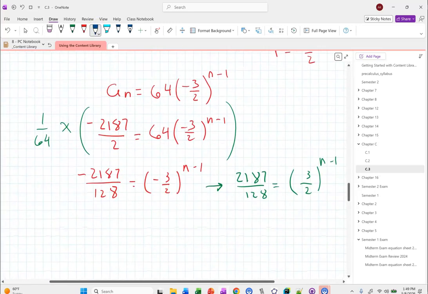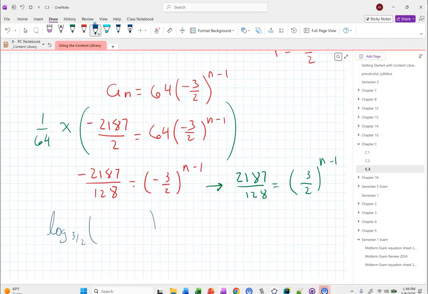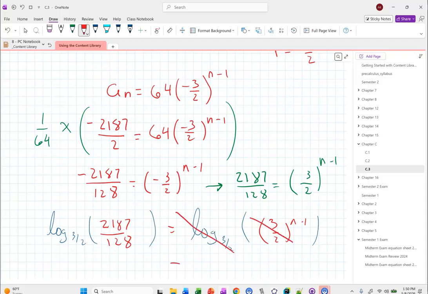So now we're ready to take log base 3 over 2 to both sides. So those guys cancel each other out, and we're left with n minus 1.